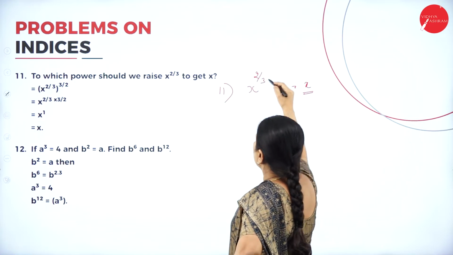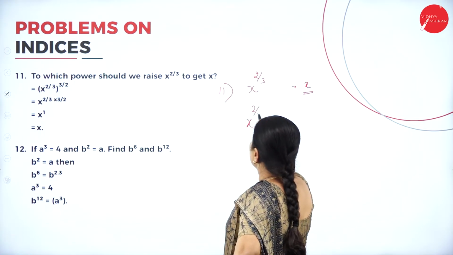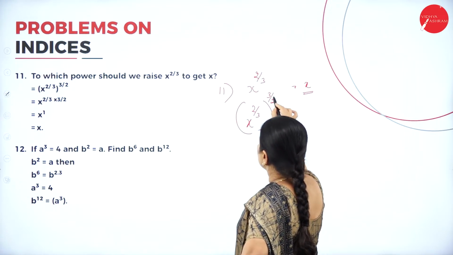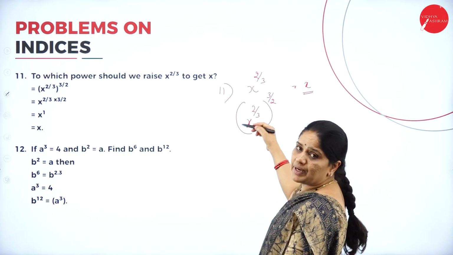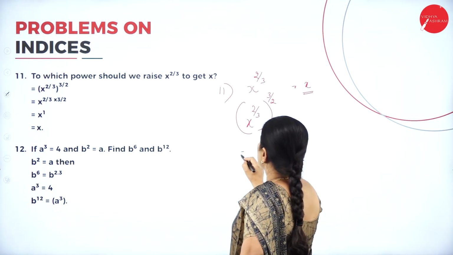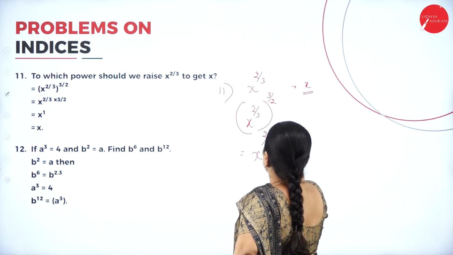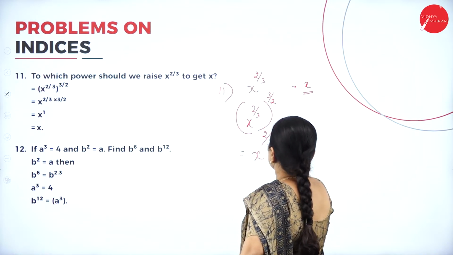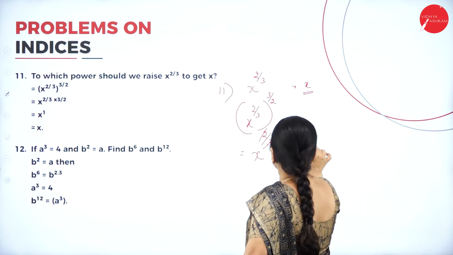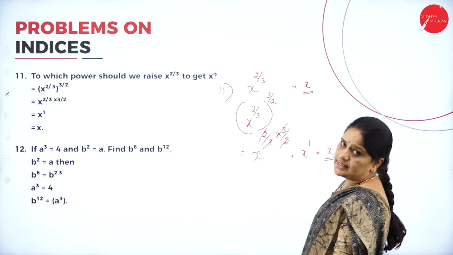Now, what can I write? x to the power 2 by 3 into x to the power of 3 by 2. When there is a multiplication of the powers, it will nullify the effect of the power. So, this will equal x to the power of 2 by 3 into x to the power of 3 by 2. 3 and 3, 2 and 2 get cancelled. So, x to the power of 1 equals x is the answer.